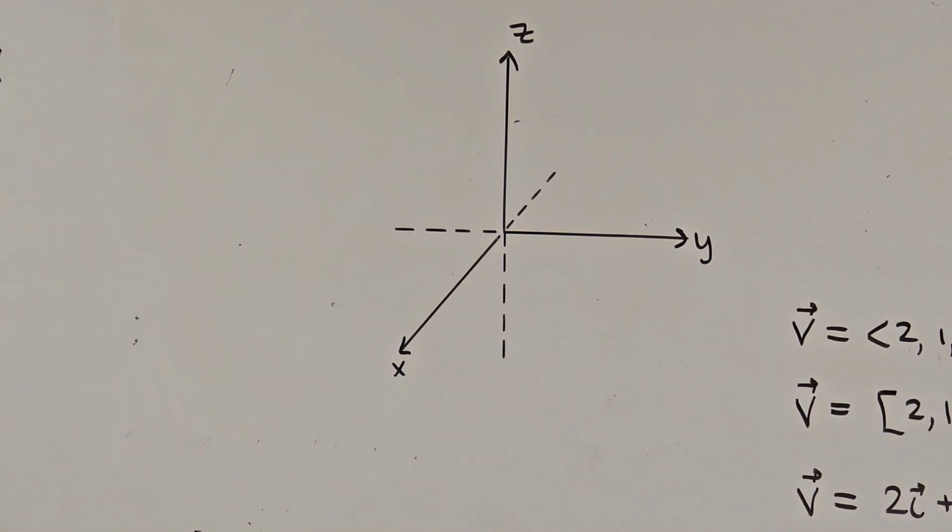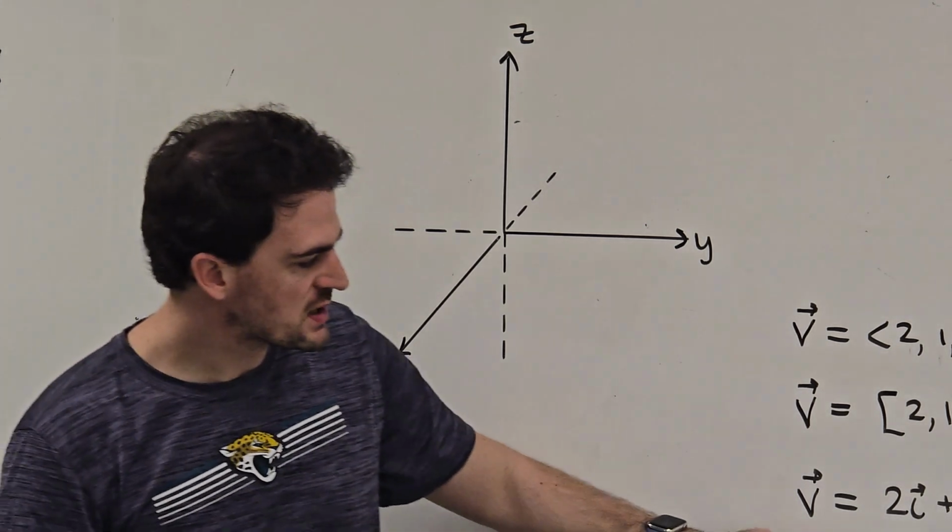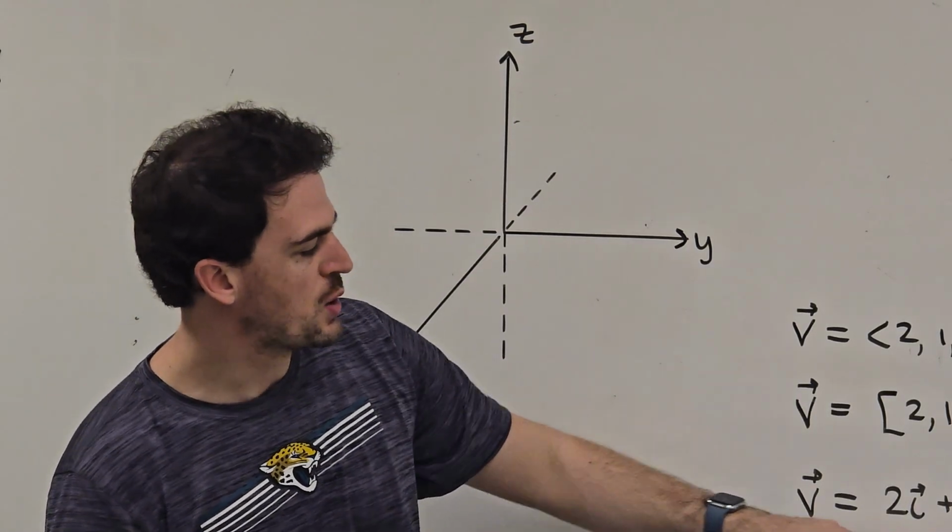So extending to 3 dimensions for vectors, you just now have a z component. X component, y component, z component. So here, instead of having ij, you have ijk.